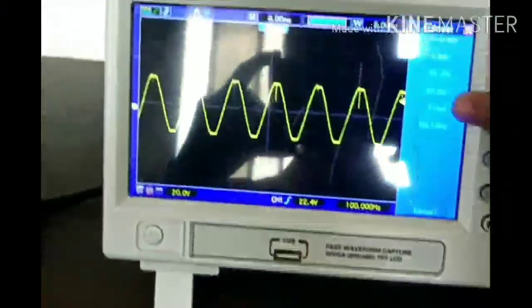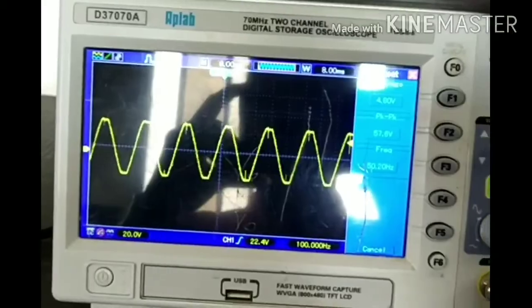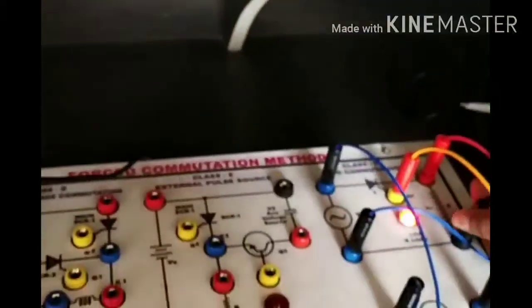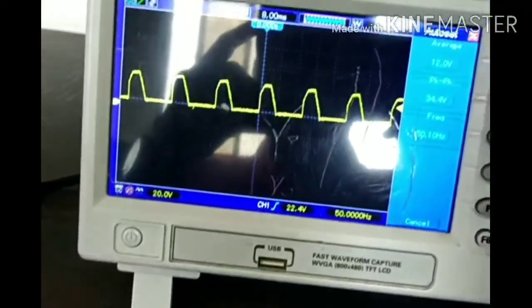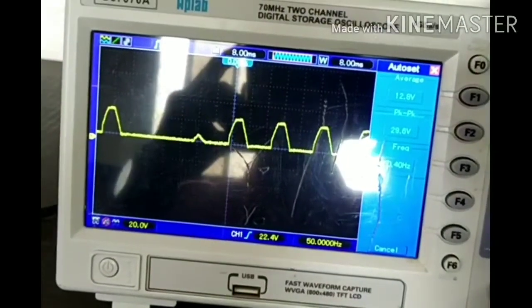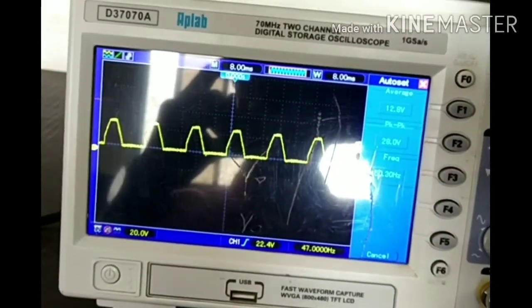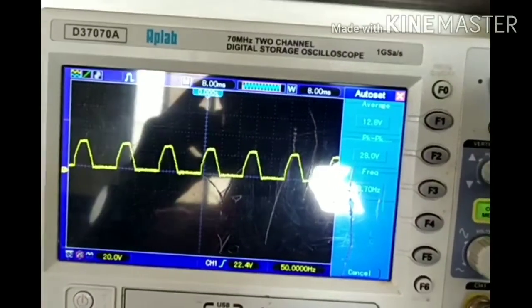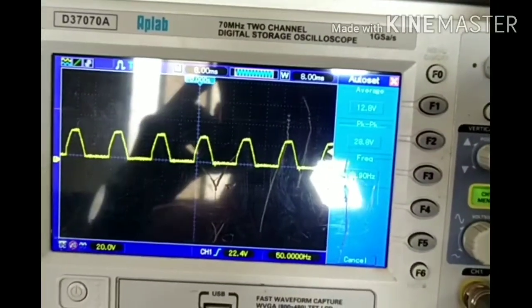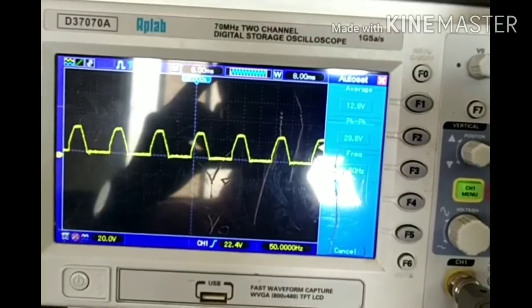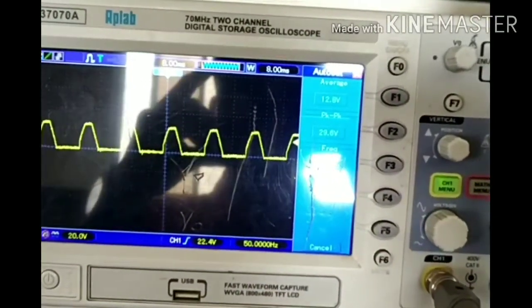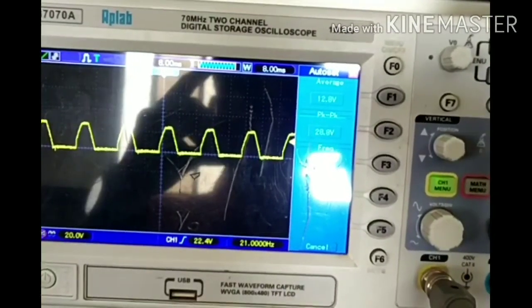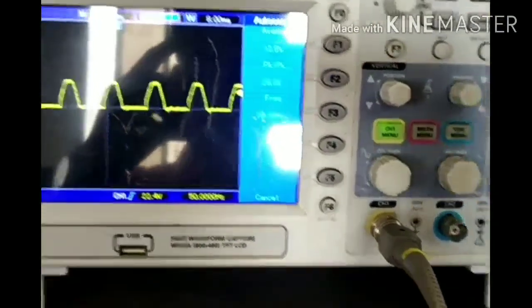Input supply voltage is a sine wave, that is nothing but the AC input. And now we check the output voltage. Output voltage is like this, that is nothing but the voltage across SCR. This is nothing but the class F commutation. In a class F commutation, only 3 parameters we have to see, that is Ig, then voltage across SCR, and input voltage. So thus we verify the class F commutation, that is nothing but the line commutation.